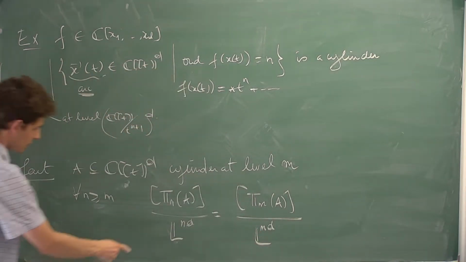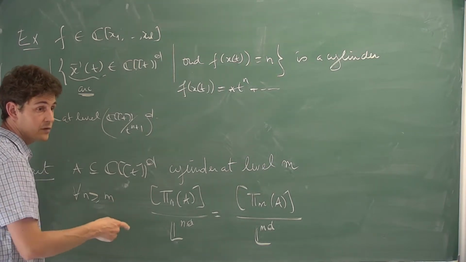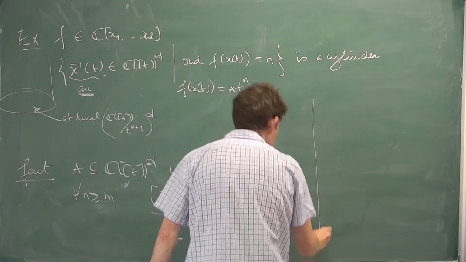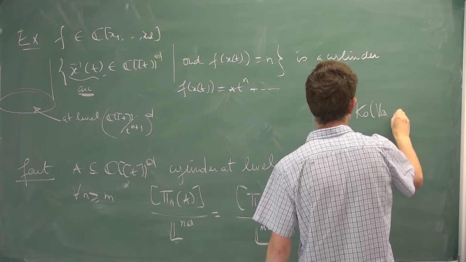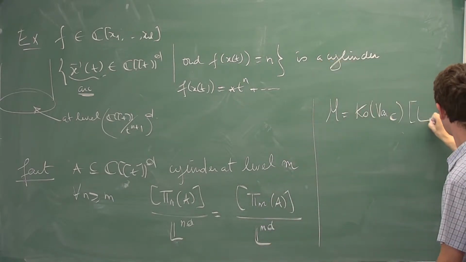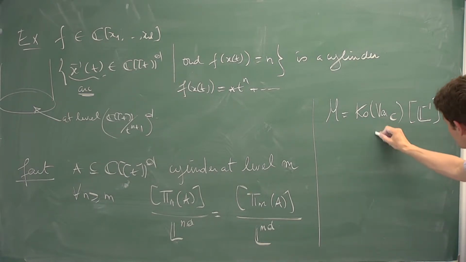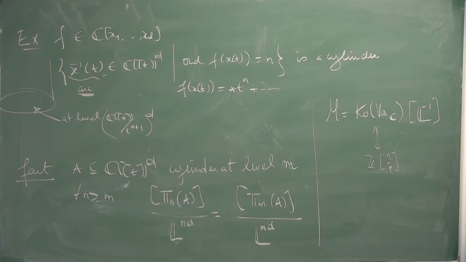Okay, so here you see I divide by L. So if I divide by L, I have to be in a ring where I can divide by L. So that's why we work in the ring M, where you localize that ring at the inverse of L. Okay? So this is exactly the analogue of Z[1/p] in the p-adic case.